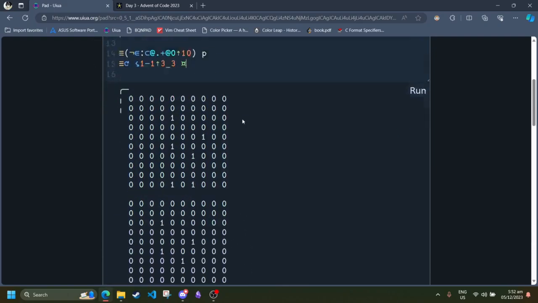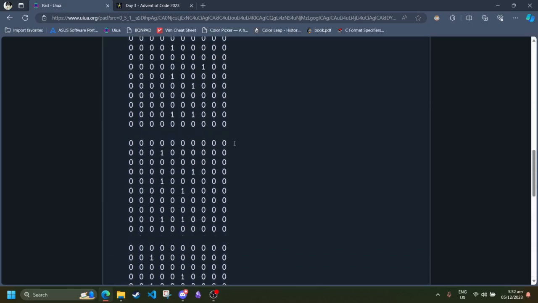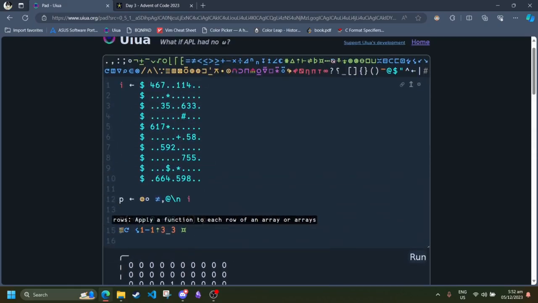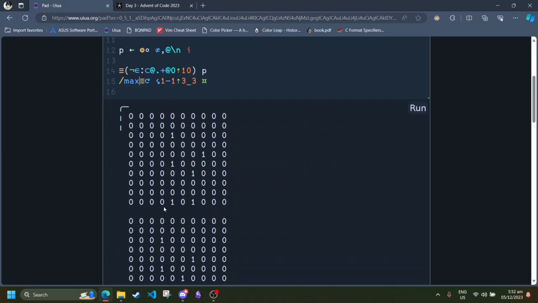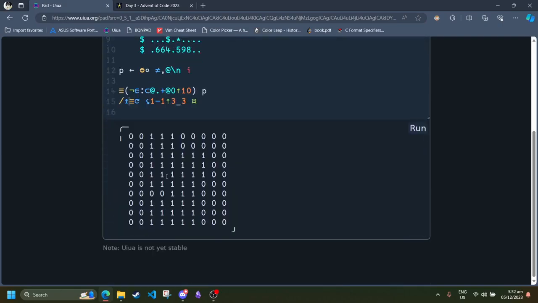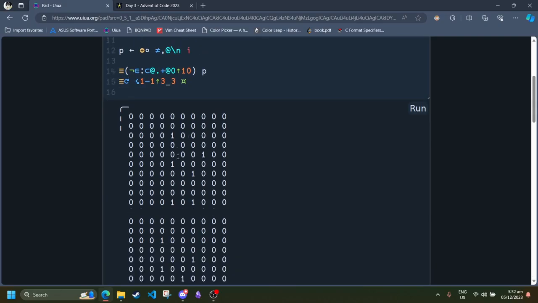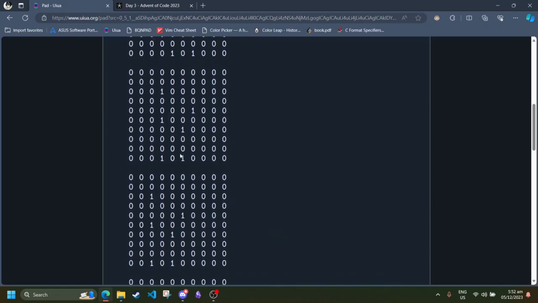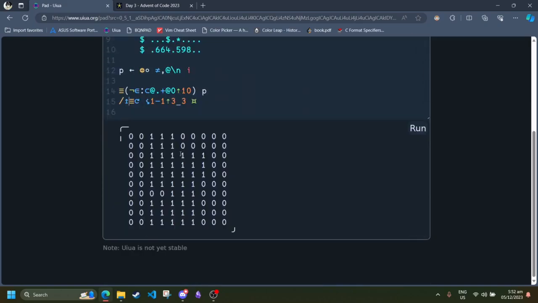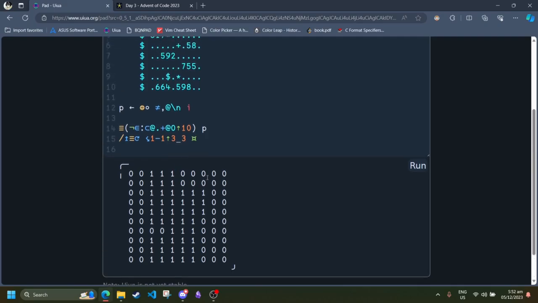If we do this, we should get all of our rotations. Now if we do a folding max over all of this, we get our adjacency. That's because, again, if we combine all of these rotations, we get all of its adjacent cells. That's very neat.